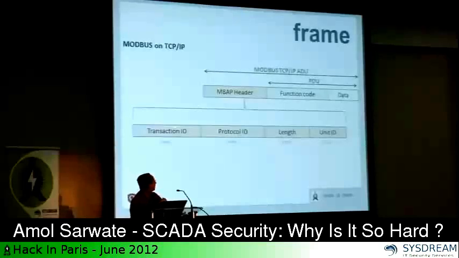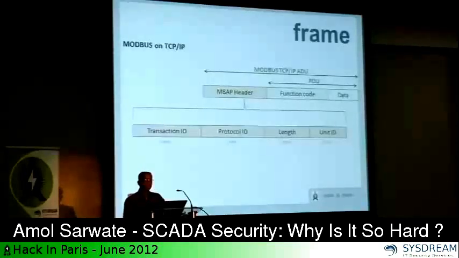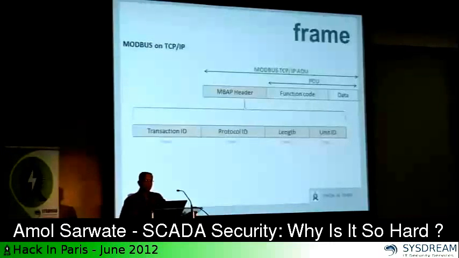The transaction ID is pretty simple. When the client asks the server, hey, tell me what the temperature is or what the pressure is, it uses a transaction ID, a question number you can say. This is question number 10: tell me the temperature of what you have.